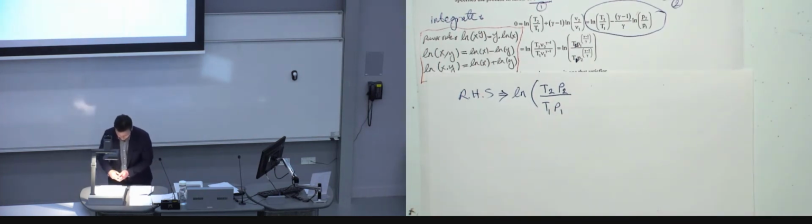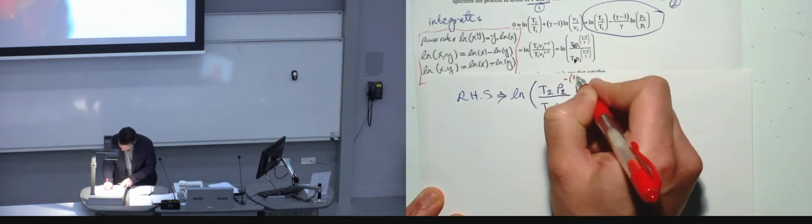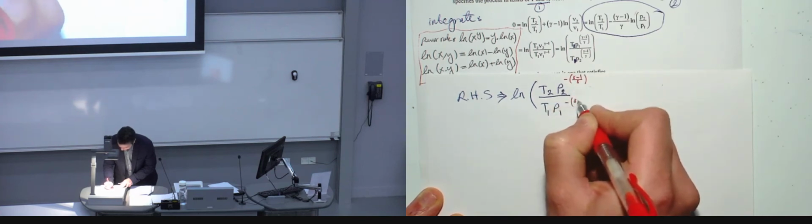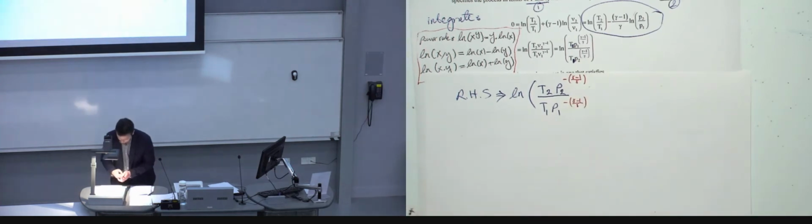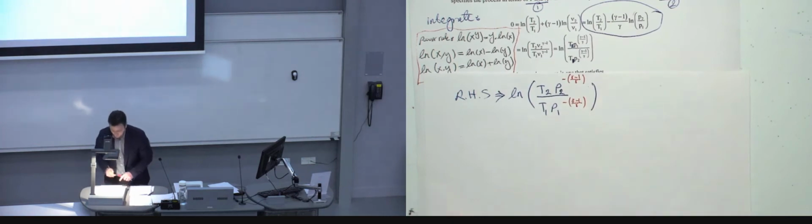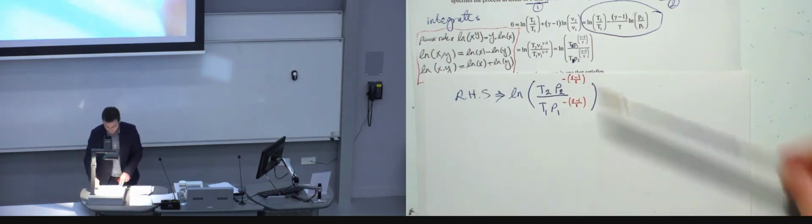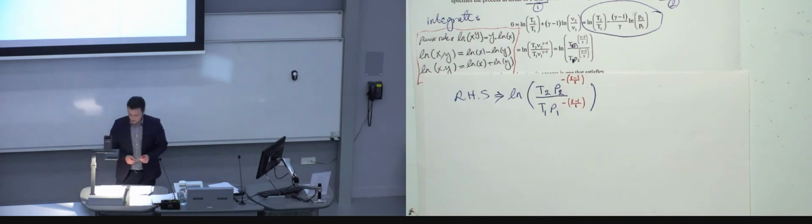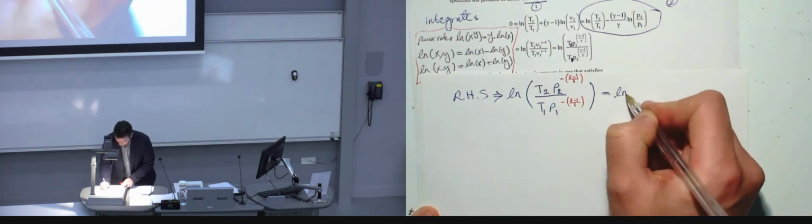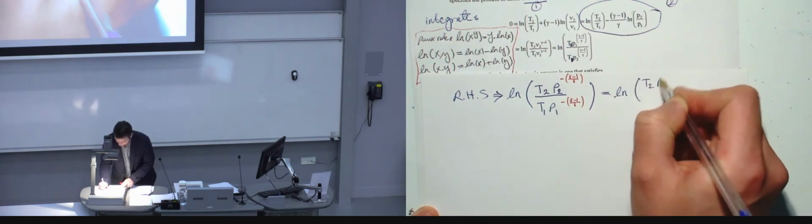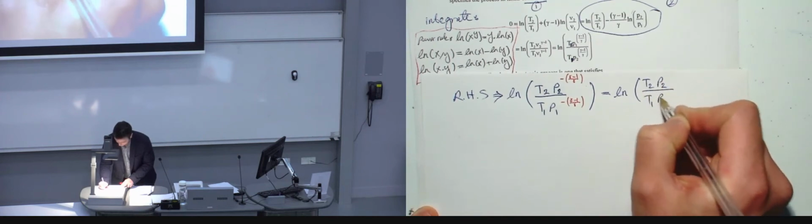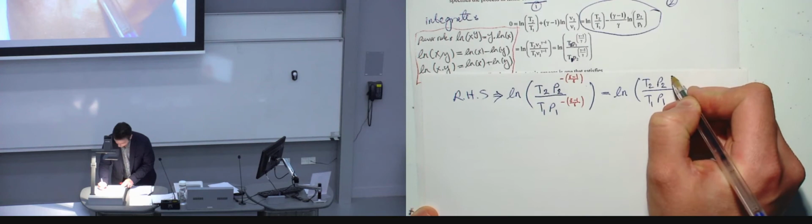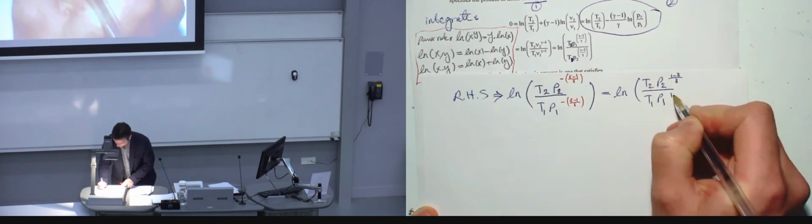And now I'm going to write the power here. So minus (gamma minus 1) over gamma. And here, again, minus (gamma minus 1) over gamma. I've just put the power in red so that you know exactly the difference between that and that. Once you do that, then that is equal to ln of T2, P2, T1, P1, and that would be (1 minus gamma) over gamma, (1 minus gamma) over gamma.